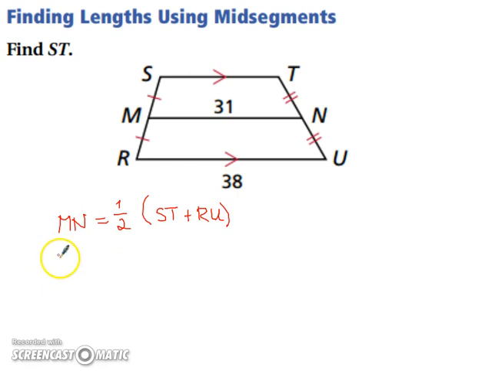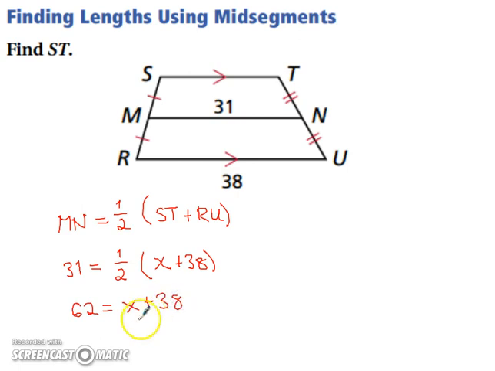Well, let's substitute what we know. MN is 31. We rewrite our half here. ST is our unknown. We don't know what that is. And RU is 38. Well, we want to get rid of this fraction, so we're going to multiply both sides of the equation by 2, leaving us with 62 equals x plus 38.